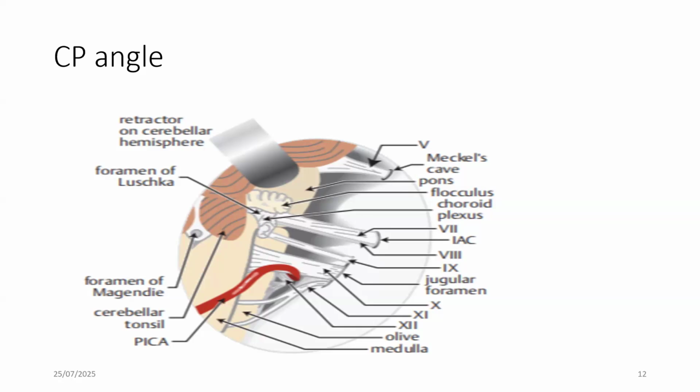And also at the exit points, at Meckel's cave and the internal acoustic meatus, the anatomy is always constant. So once one is able to locate these foramina, one will always find these structures there. The issue is in between these points. If there is a lesion that distorts the normal location of the nerves, then one will begin to look for these structures.